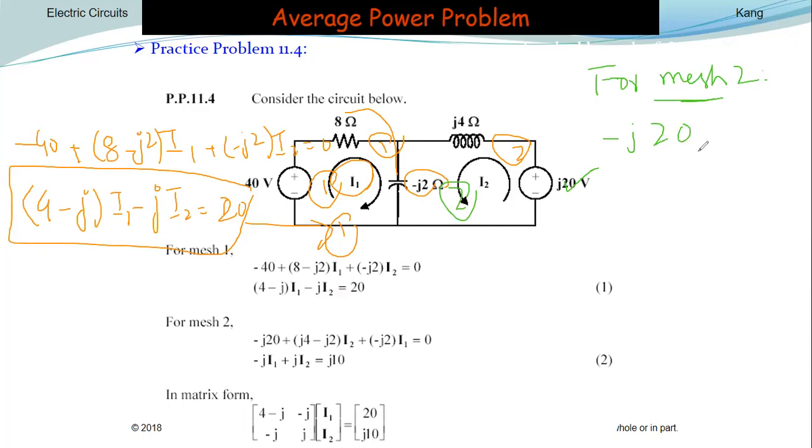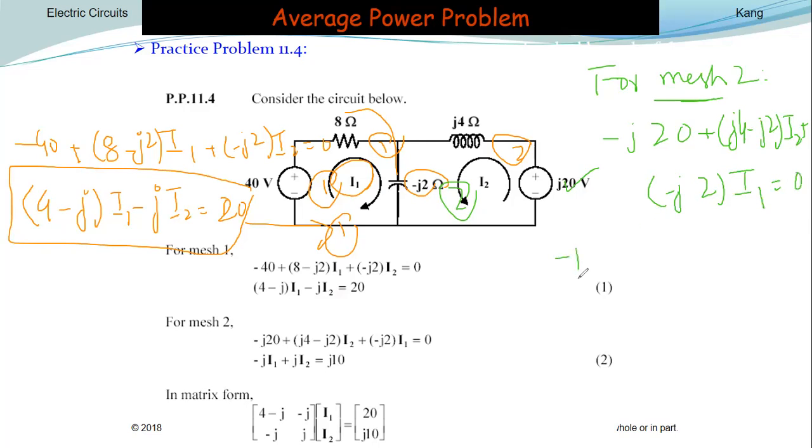Then I have to sum it with j4 minus j2 with the I2 value, plus minus j2 into the value I1, equals 0.